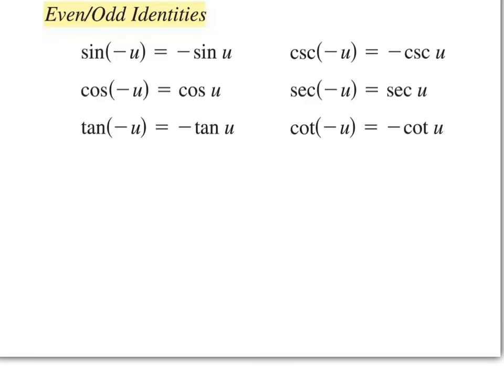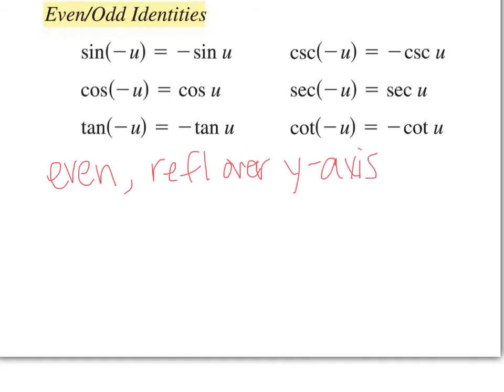Even and odd identities are a little bit harder to explain because we haven't covered them in class. You may know them from a previous class. But in essence, if a function is even, it means it's reflected over the y-axis, and that means that f of x equals f of negative x.